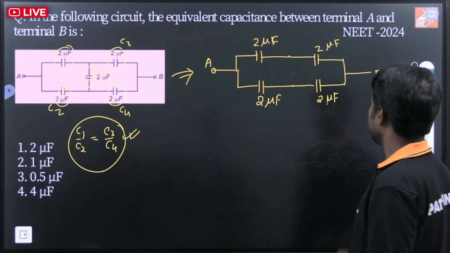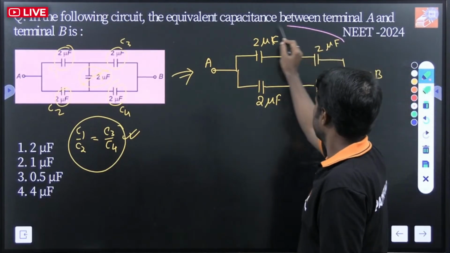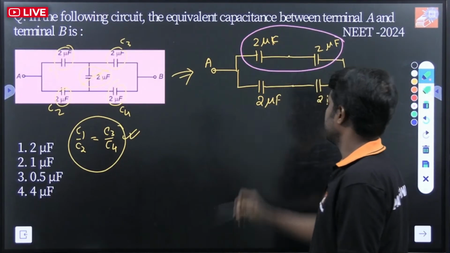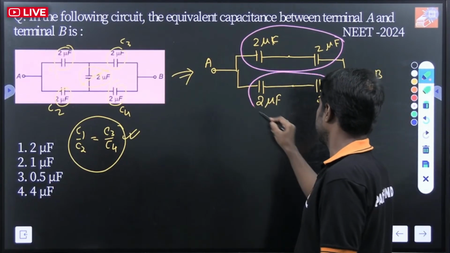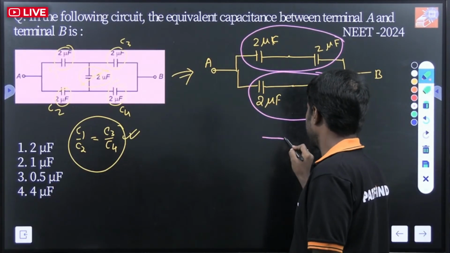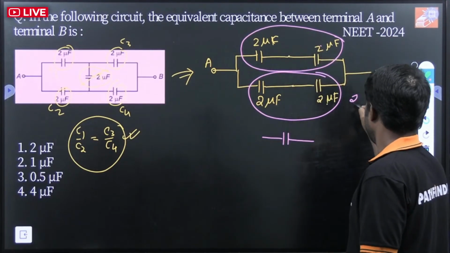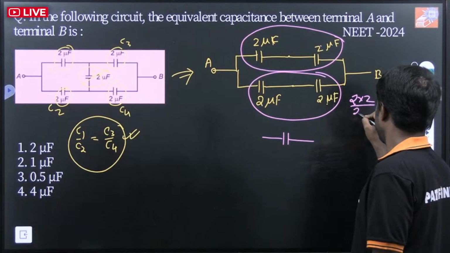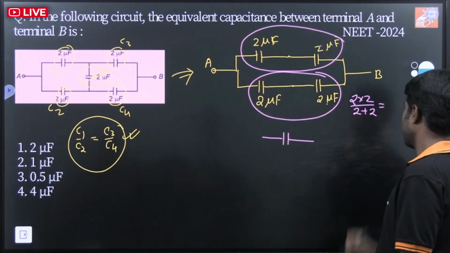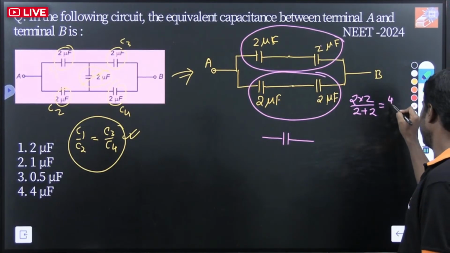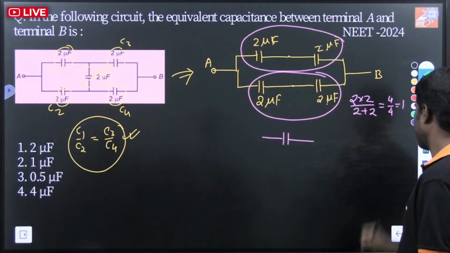So now we see that these two capacitors are in series and these two are in series. For the series combination, we get 2 into 2 by 2 plus 2, which is equal to 4 by 4, which is equal to 1 microfarad.